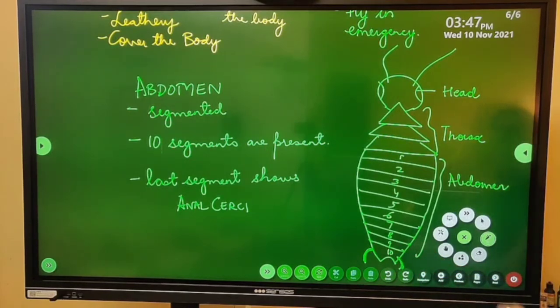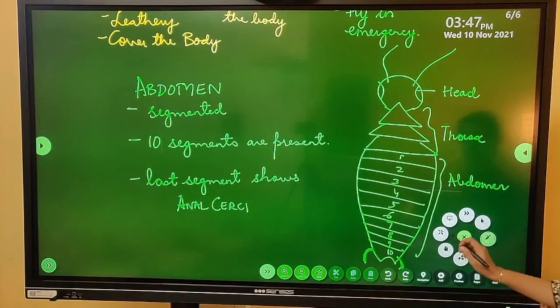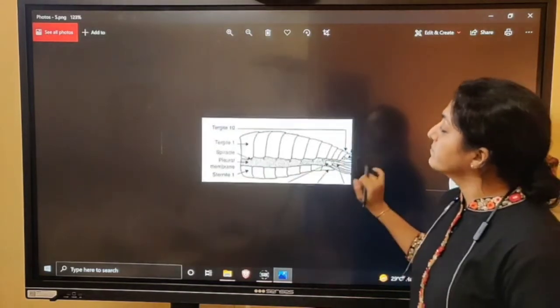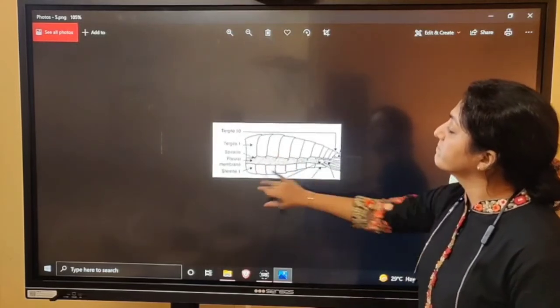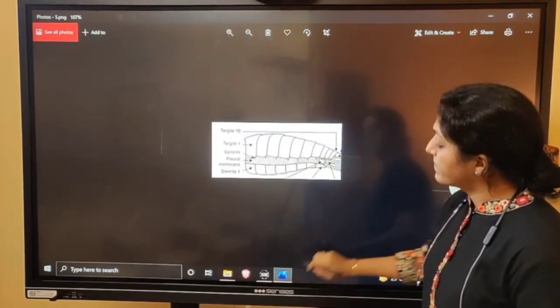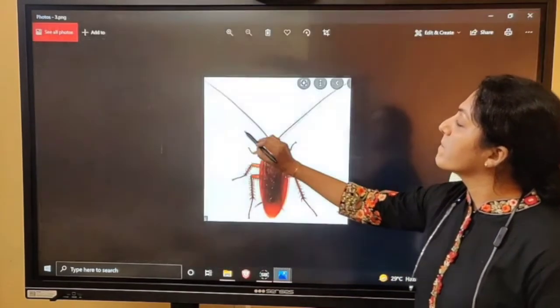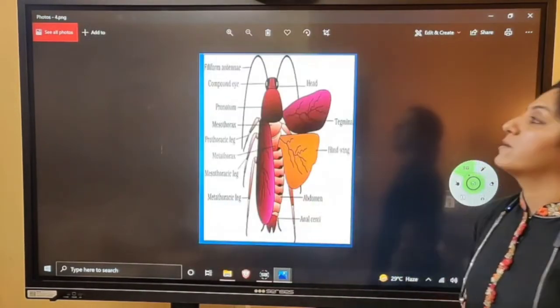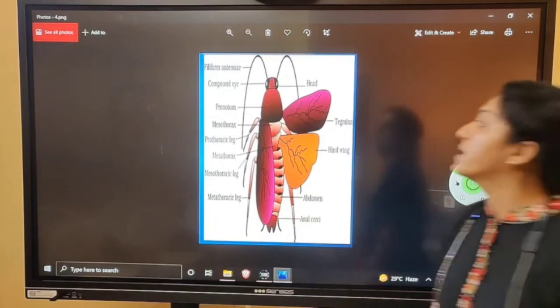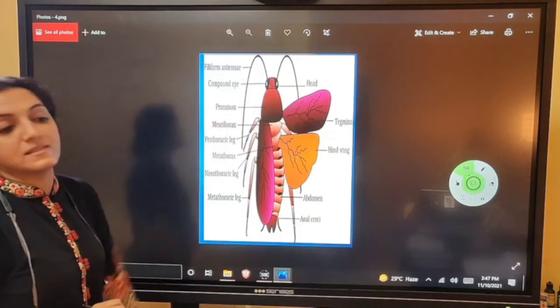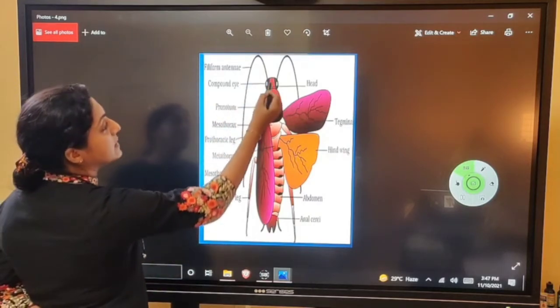So now let us see the diagram again. Let us go back to the diagram. Alright, see this now. We can see the head over here. You can see the compound eyes. See the antennae.